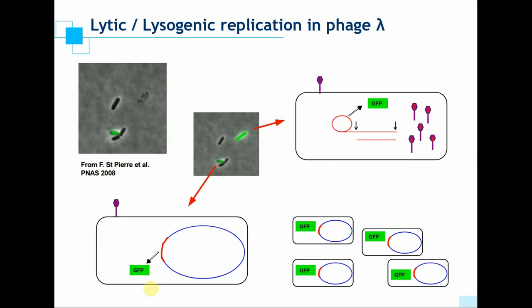If the prophage is reactivated, it will be excised from the bacterial chromosome. You get the expression of these late genes, the bacterium that was carrying the prophage will be killed, and you get a lytic cycle starting up again. So bacteriophage like lambda will be switching from one mode of replication to another, a lytic cycle and a lysogenic cycle, and back again.